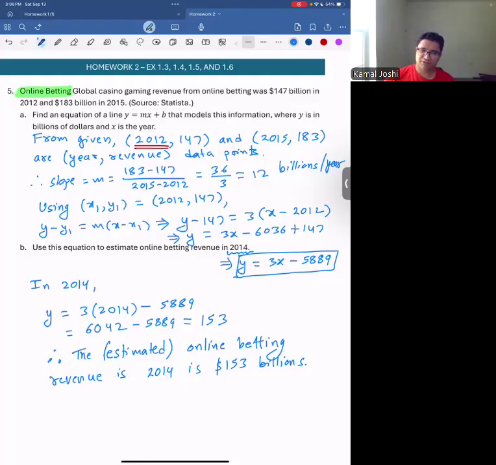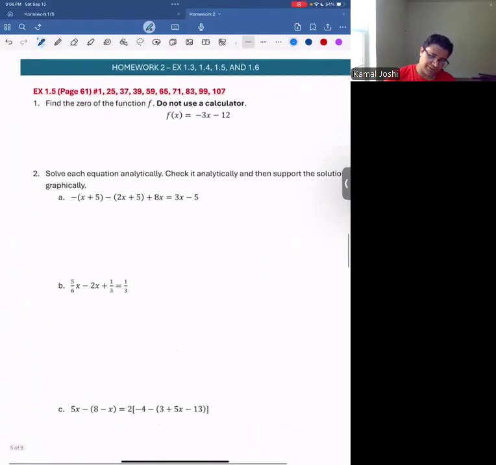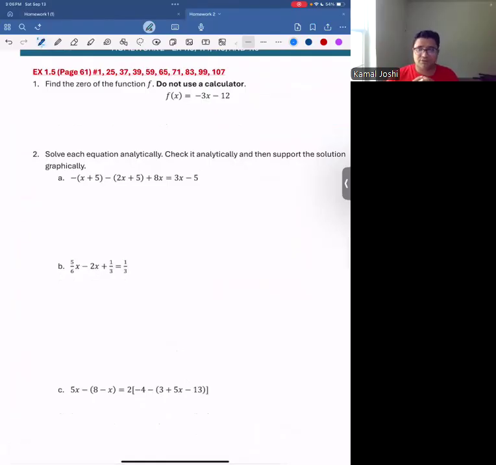If they ask 2014, that is the x value, so you plug in the value of x as 2014 in the equation, it gives you the y value. Okay, so let's move on to the next exercise. Find the exercise 1.5. Find the zero of the function.